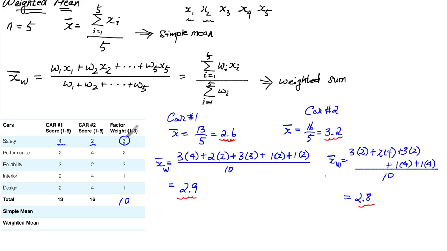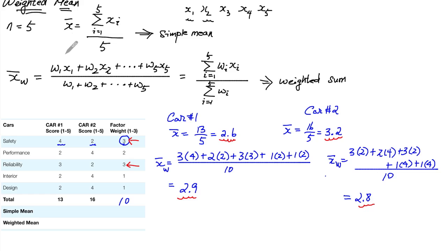Obviously, when you purchase a car, safety should be the most important factor, and the weighting associated with the safety category reflects that. Reliability should also be a little bit more important than the interior design and how the car looks from the outside. So overall, the weighted score of 2.9 is slightly better than the weighted average of 2.8 of car number 2.